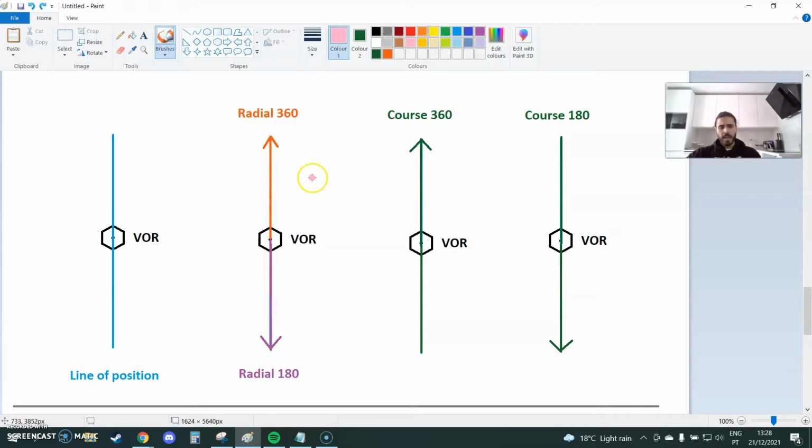I hope that you understood this. So once again, really quick, speaking about radials, we can be in each radial on two courses. And speaking about courses, we can be on the same course but in two distinct radials.